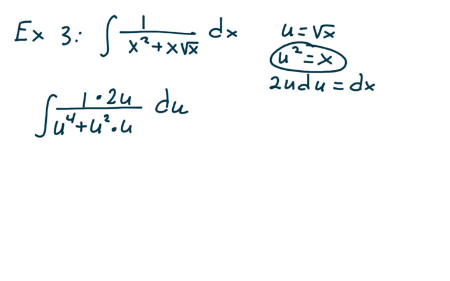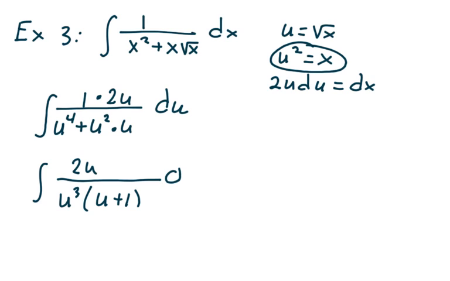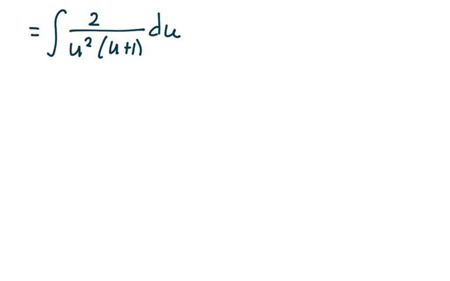So what I'm going to do here is factor out, in the denominator, a u cubed. And then I get u plus 1. And in the numerator, I still have 2u there. Now, what this reduces to is the integral of 2 over u squared times u plus 1 du.